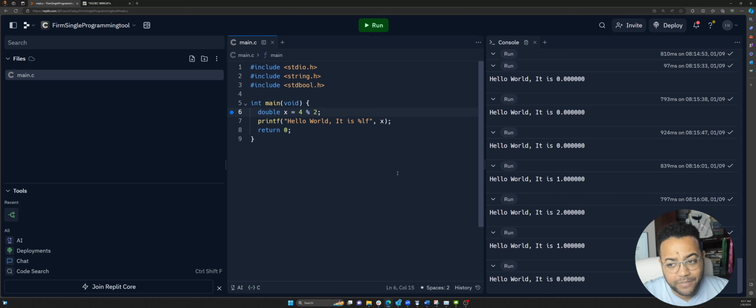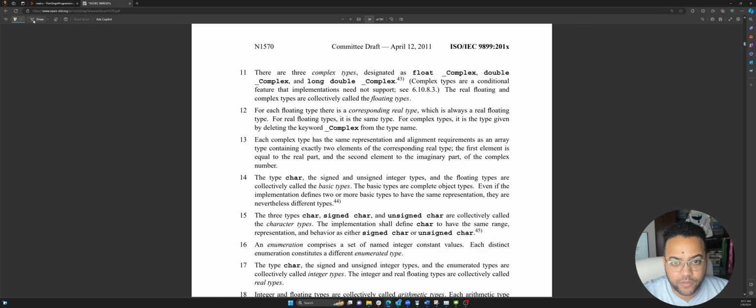Now 4 is an even number dependent on this, because this really means 4 divided by 2. If I can draw, 2 goes into 4 twice, which is 4, and there is nothing to return.